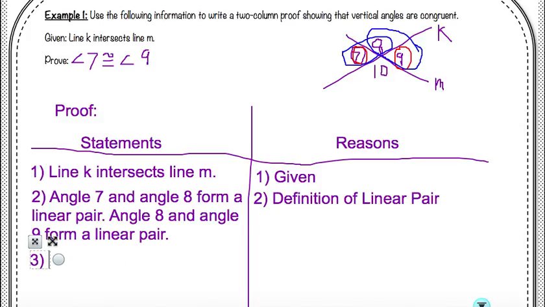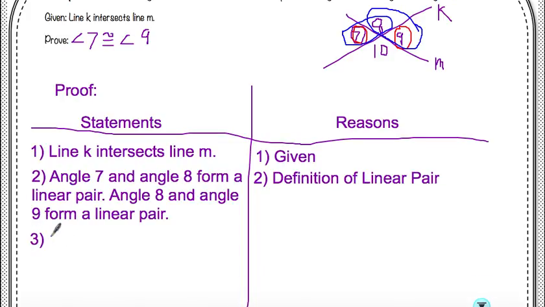Okay, the next step is we're going to say that the measure of angle 7 plus the measure of angle 8 equals 180 degrees.